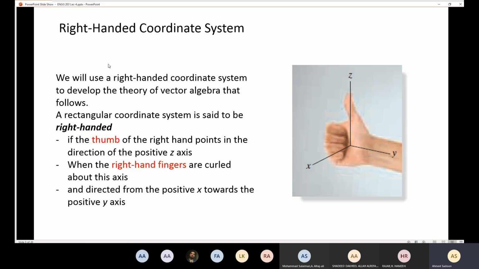So here, we need to use our right hand. Like you can see here, here is the right hand.